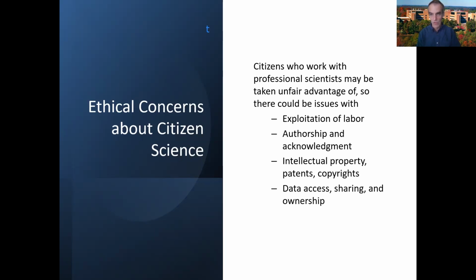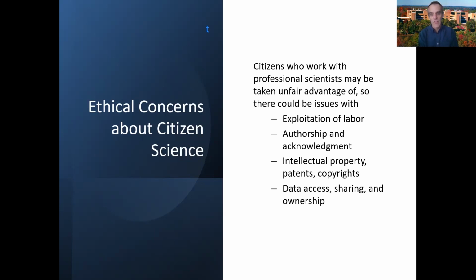There have been issues where citizens groups have helped researchers develop genetic tests for rare diseases. And then the researchers in the university went and patented those tests, and the citizens that were involved in this were very upset. They didn't think it should be patented, and they were concerned about this. And so that was an issue.